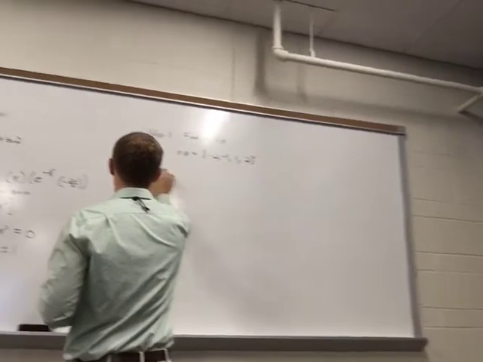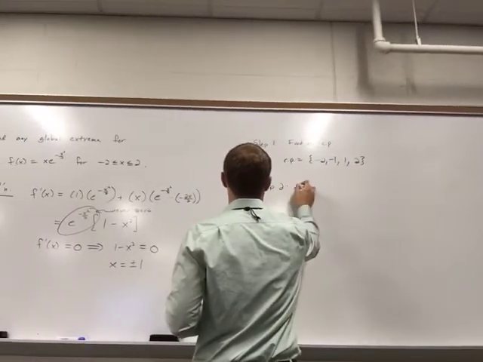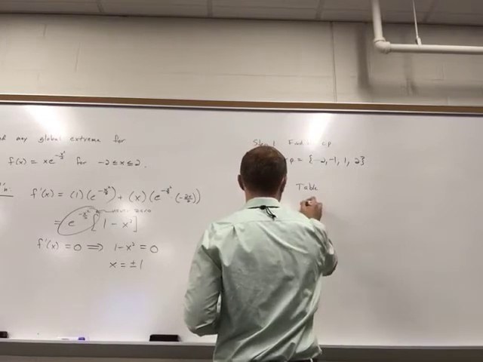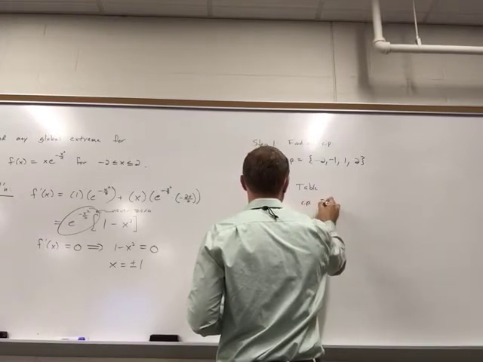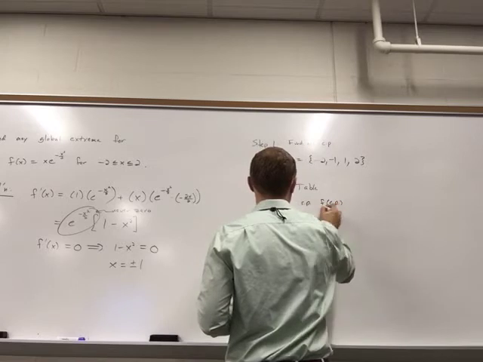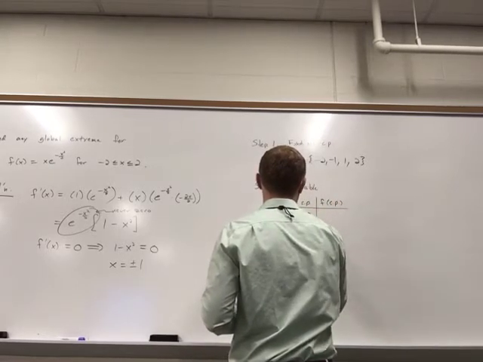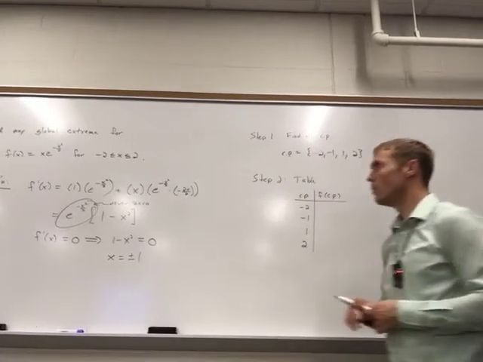Once you have all critical points, step 2 is the table. So you take critical point, then f of critical point: negative 2, negative 1, 1, and 2.